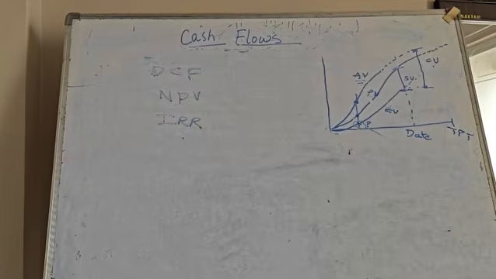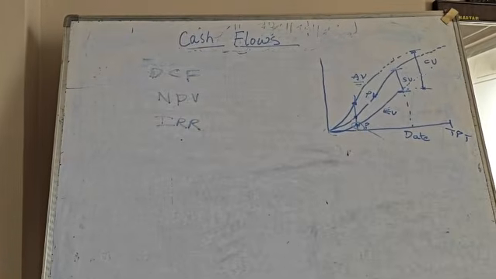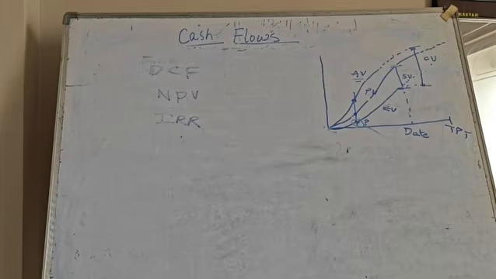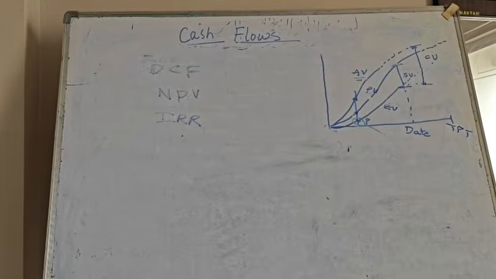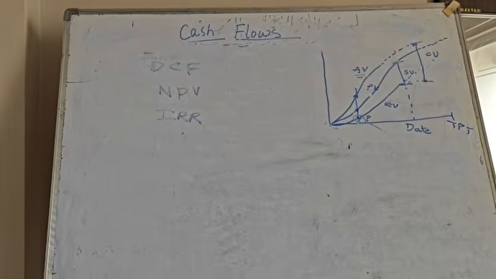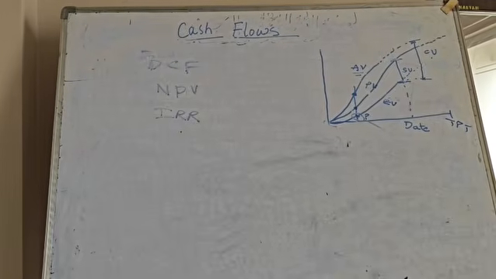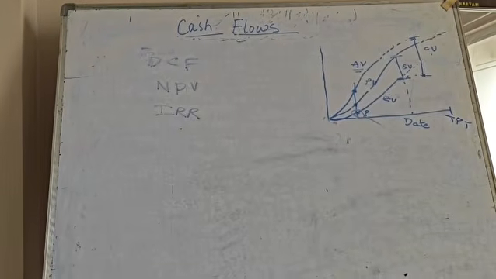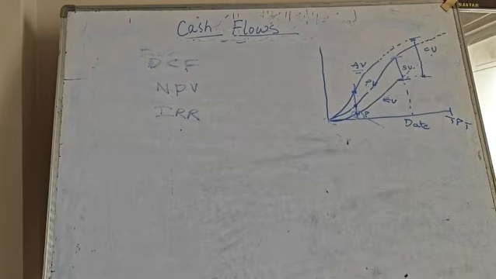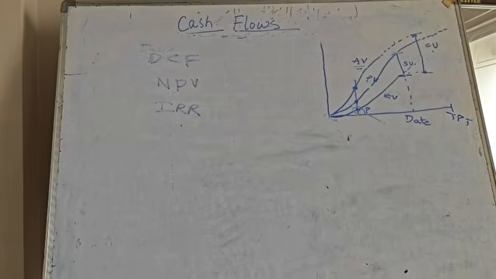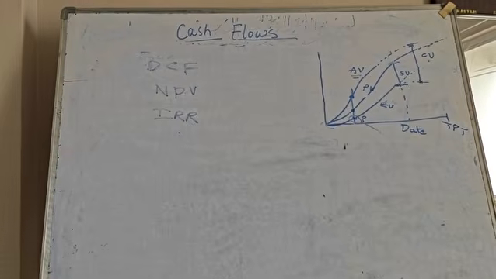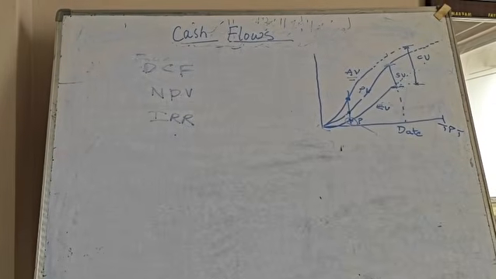First one is the discounted cash flow. This is the value of the investment, found by looking at its expected future cash flows and discounting them back to what they are worth today. That means in future, suppose the project's worth is going to be 1,000 rupees. Today, what will be its discounted value?